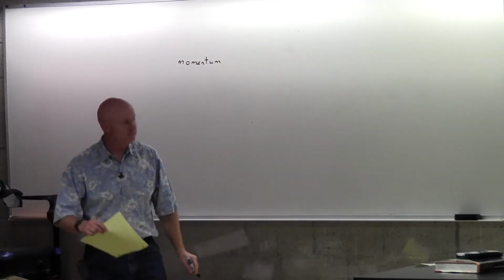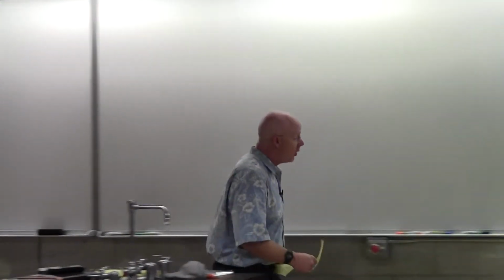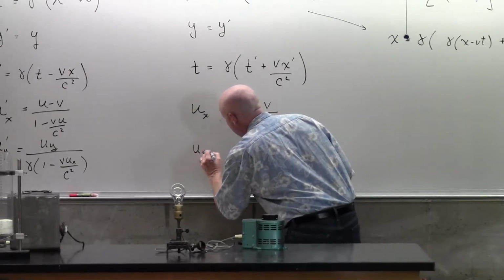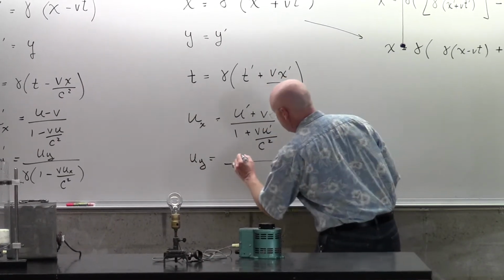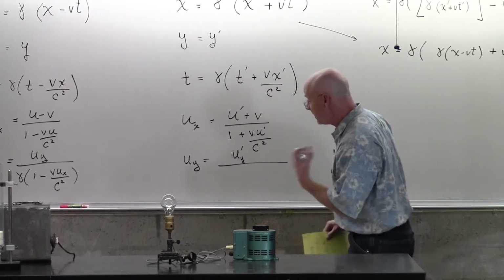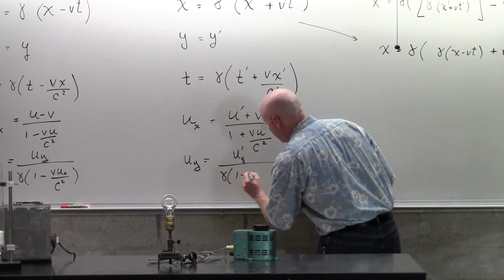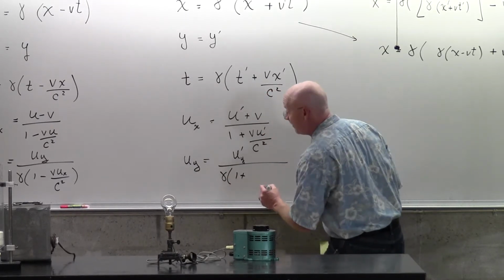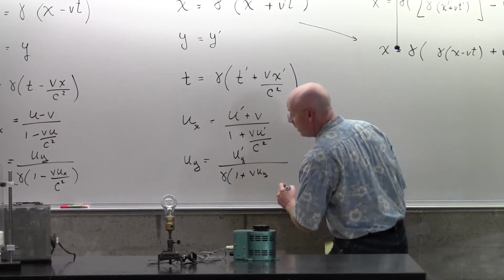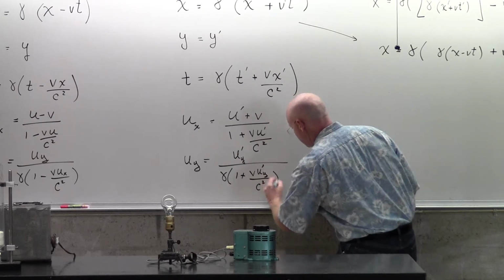So if you wanted to do y, is it just the sine curve? Oh, yeah. So if I can finish this here, u_y must be the velocity that the bike rider sees, or I see, and then the gamma, and then 1 minus, plus now, the u with a prime, and then c squared, like that.